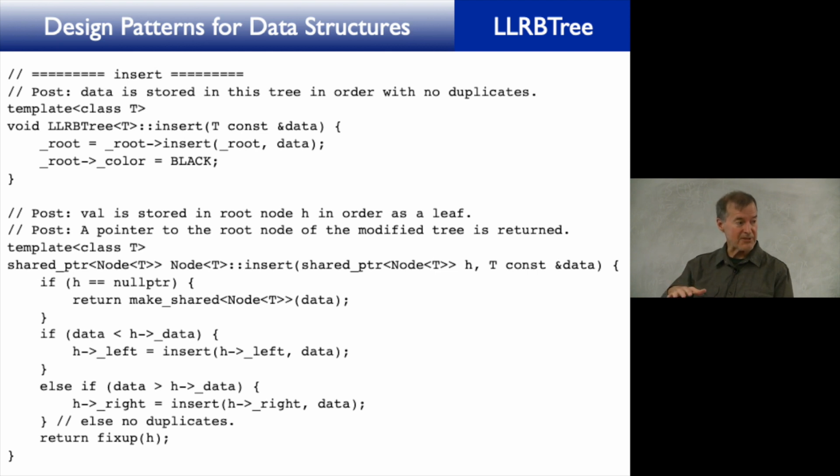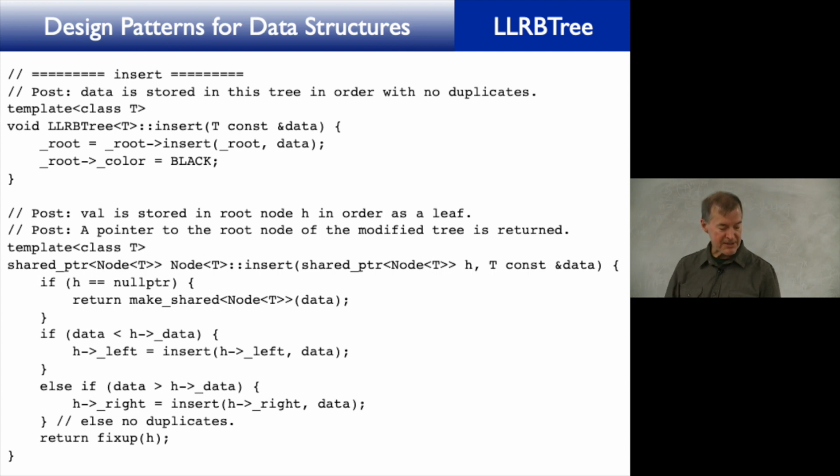So the black height property stays the same. Are you with me on that idea? And because that's a return right away, we don't need an else. Notice that code style. If it returns, it doesn't do fix up either.